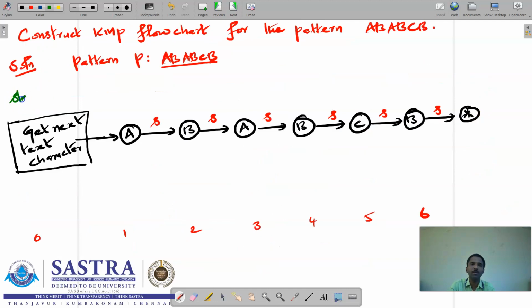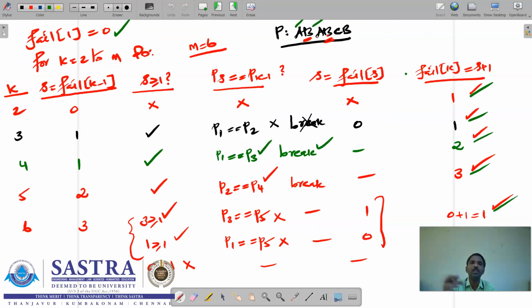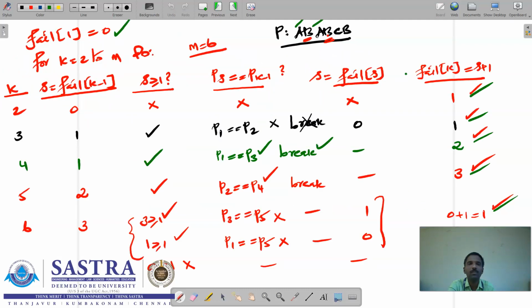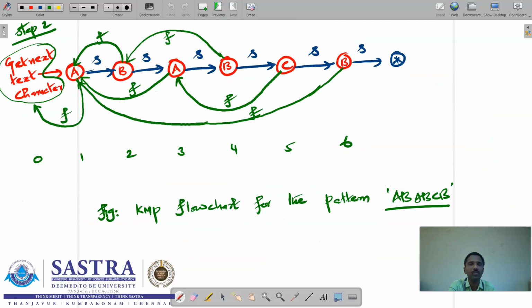Then we have executed the KMP flowchart construction algorithm, the KMP setup algorithm. Then in the second step, we have marked the failure links in the diagrammatic representation so that we can easily follow the failure nodes. Fail of 1 is 0, right?